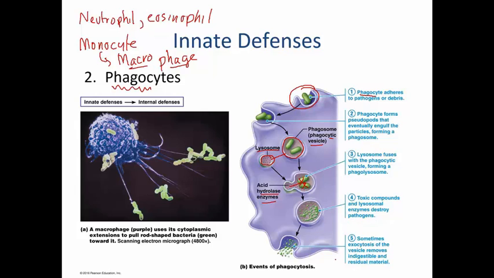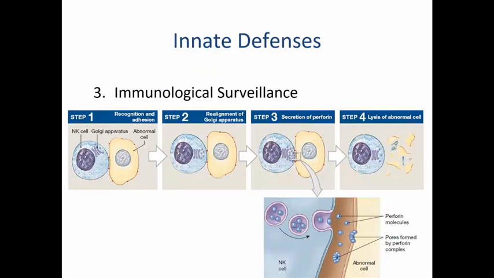Sometimes exocytosis of the vesicle removes indigestible and residual material. But note that the macrophage can take pieces of that pathogen and put it out on their membrane like a flag to let the body know what we've been infected with and activate the adaptive immune system. So we'll be talking about that soon enough.